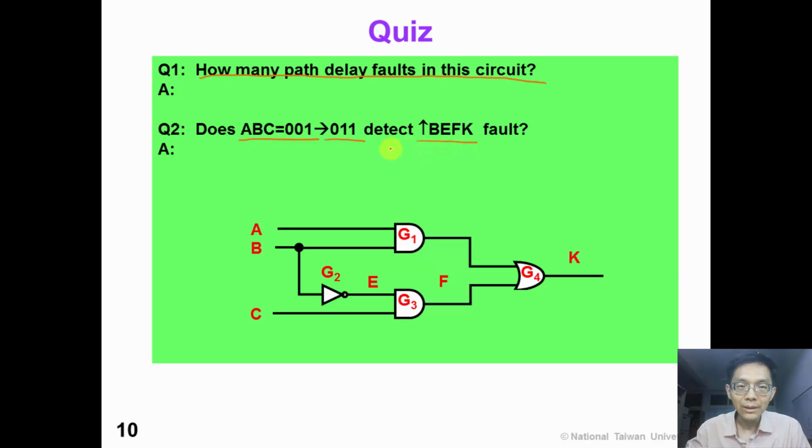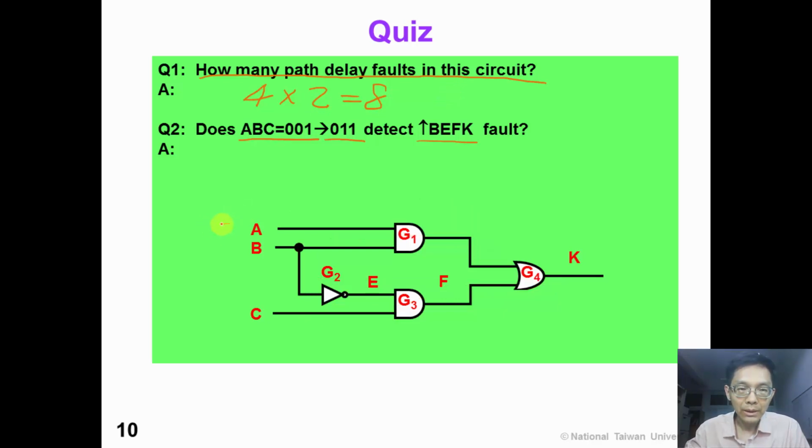Have you done yet? In this circuit, we have 1, 2, 3, 4, totally 4 paths times 2 polarity. So we have 8 path DelayFaults.